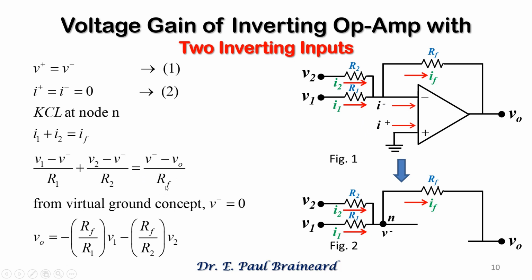From the virtual ground concept, V minus is equal to 0. Therefore, substituting V minus equal to 0 in this expression, you will get the output voltage equal to minus RF by R1 into V1 minus RF by R2 into V2.